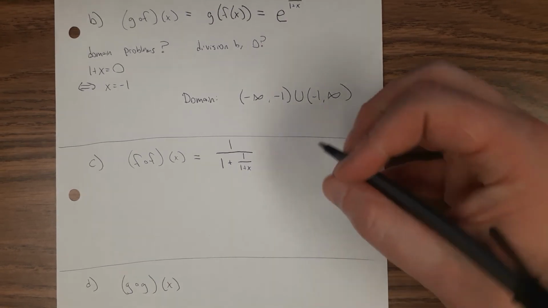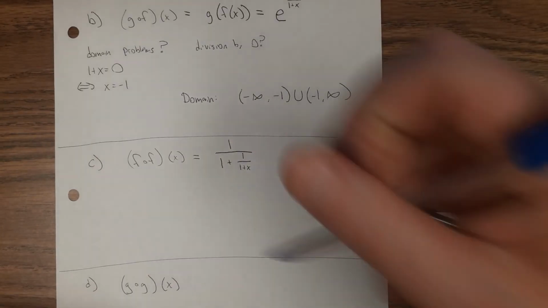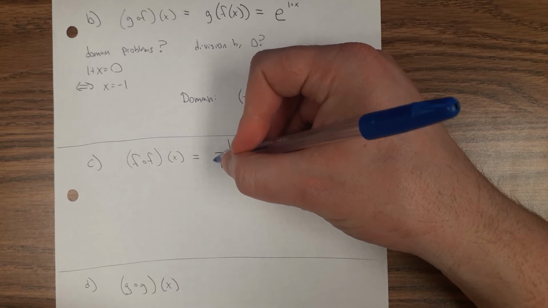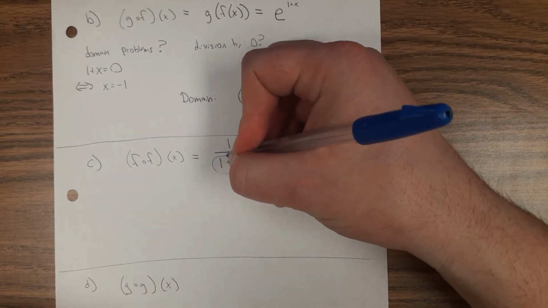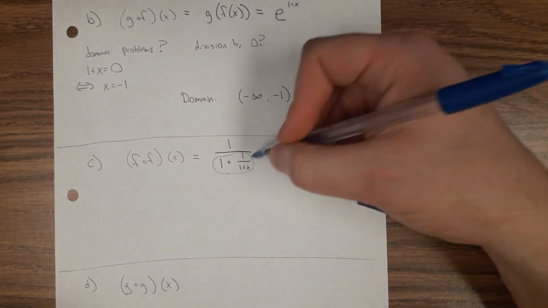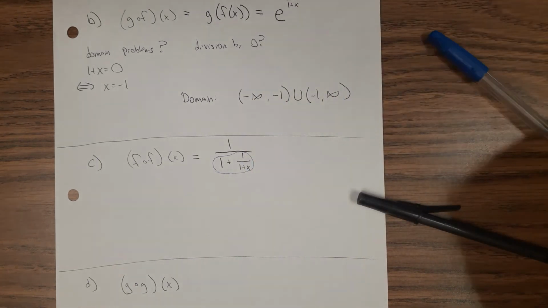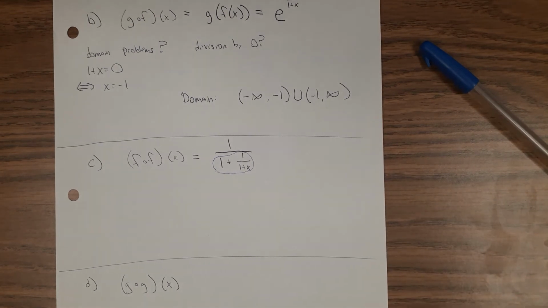The denominator of this fraction is this, and that has a fraction inside of it, this fraction. So that's what I mean when I say a fraction inside of a fraction. So I don't like that. What am I going to do?